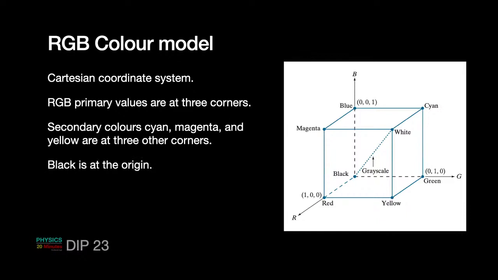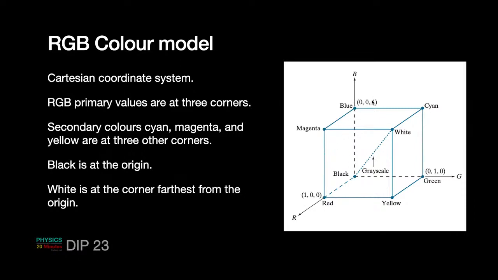The diagonal represents the grayscale, while black is at the origin. The black color is at the origin. It is the darkest on all three scales and it represents black. White is the opposite corner. Here you get all three, and the coordinates will be 1, 1, 1. By the way, this is a normalized diagram.